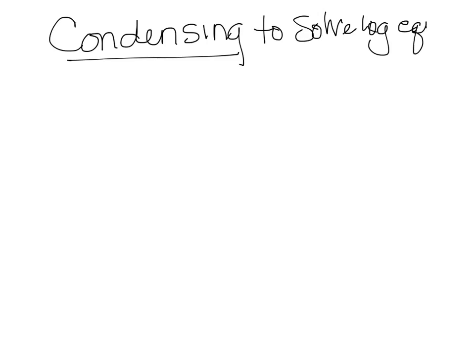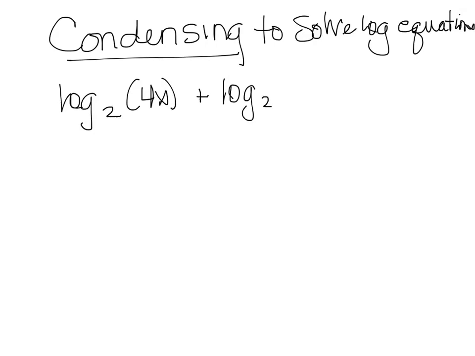Now, don't forget the easy log equations that we've already done, but sometimes you'll see equations that are a little more complicated that have something like this. Let's try 2 logs, log base 2 of something, plus another log equal to something besides 0. 0 would have made it nice, would have been easy, but no, we have to have something else here.